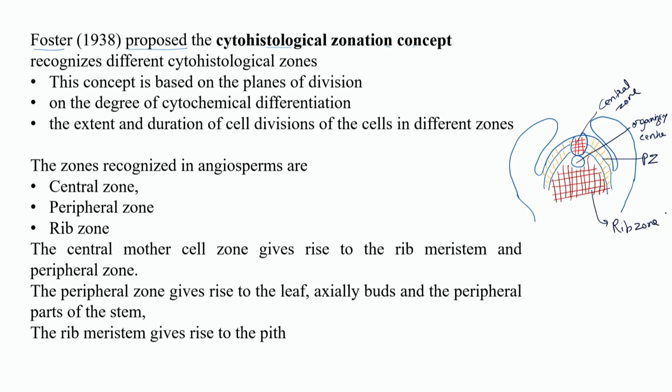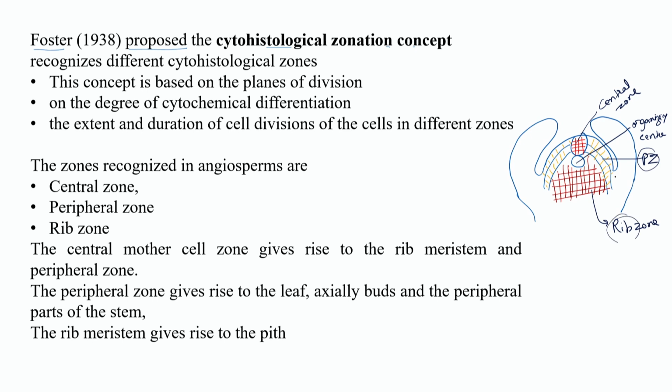Now this central zone is basically made up of cells which do not have a very high division rate. So here the difference is that according to division rate also we can classify those cells. The central zone cells are not dividing as such. When new cells are required in the other meristematic zones, this will become active and give rise to the cells of the peripheral zone or rib zone.